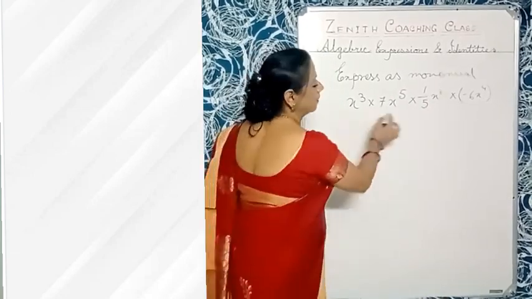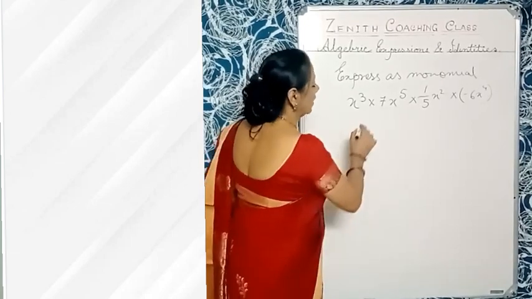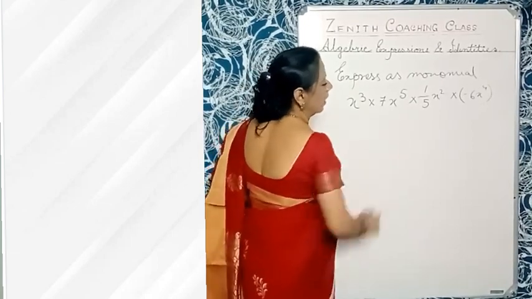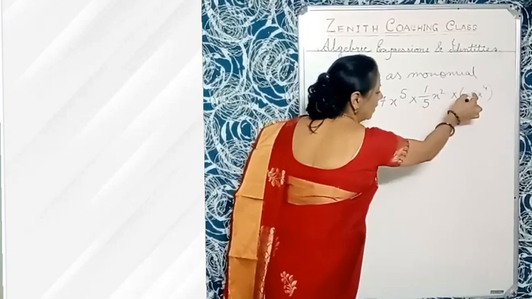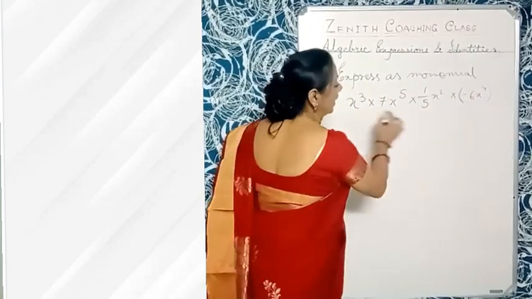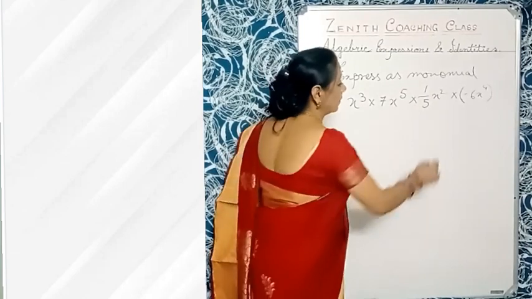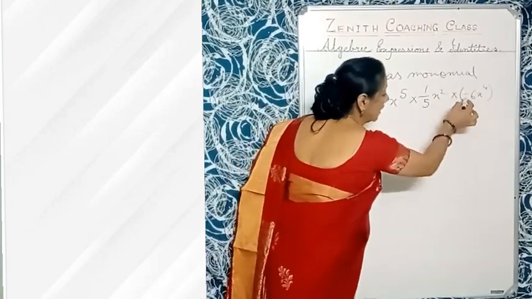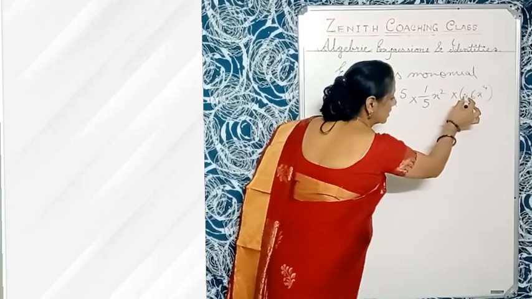You have to multiply. Now, ma'am, you have written minus 6 x to the power 4 in a bracket. Why? You didn't put any bracket elsewhere in the sum, and you have put the bracket here because the sign is minus.